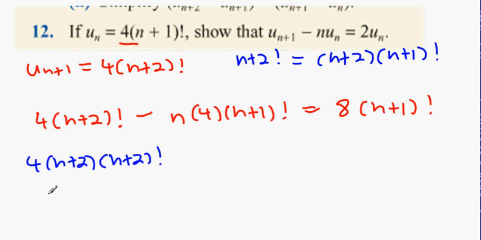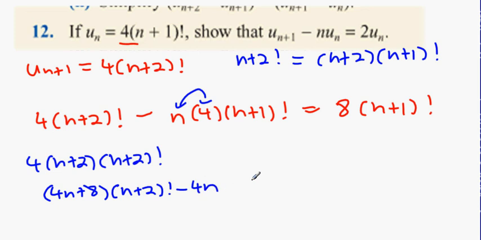Multiply that out and you're going to get 4n plus 8 times (n plus 1) factorial, minus n multiplied by 4, which is 4n times (n plus 1) factorial, and we have to prove that that equals 8 times (n plus 1) factorial.